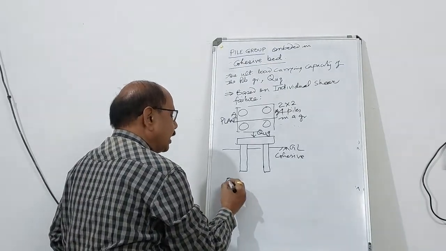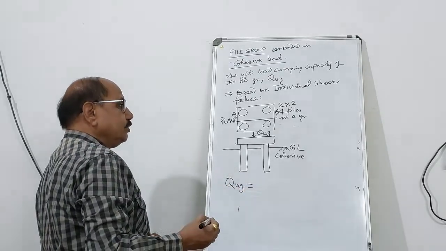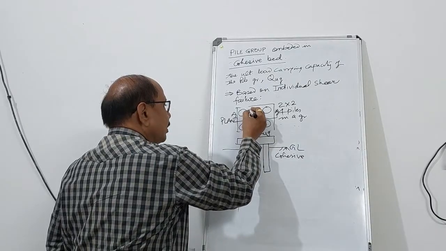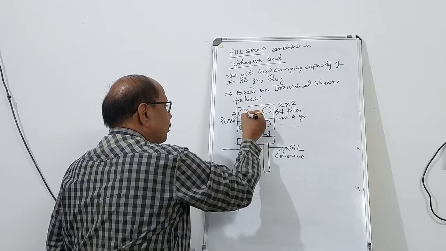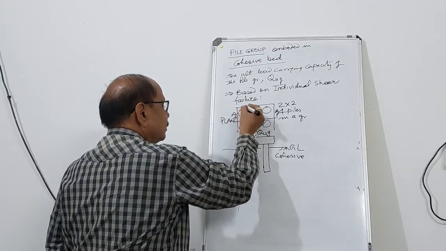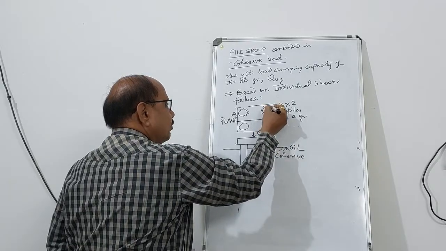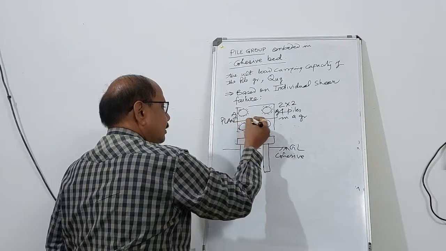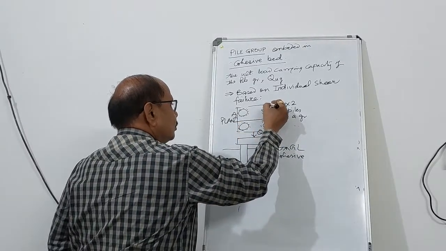The ultimate load carrying capacity of the pile group based on individual shear failure means the pile is going to fail one by one. When you apply the ultimate load, the pile is going to fail one by one. Progressive failure of the pile. By dotted line, these are the failure or shear lines.